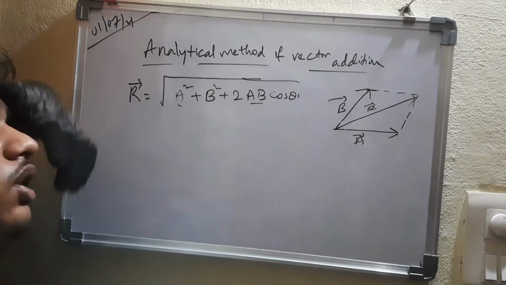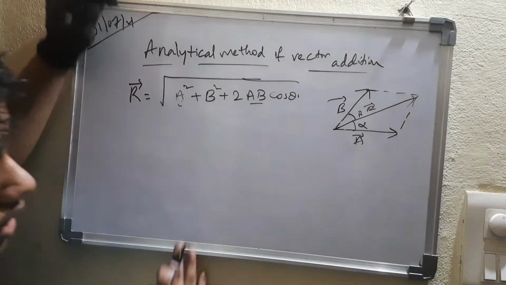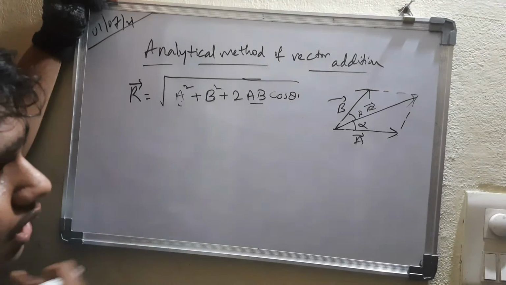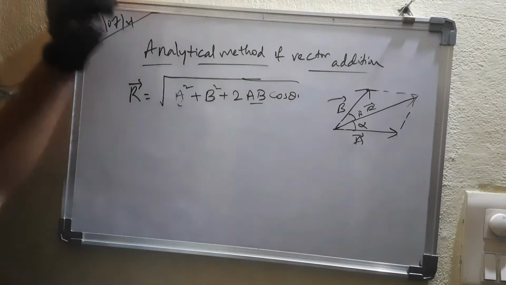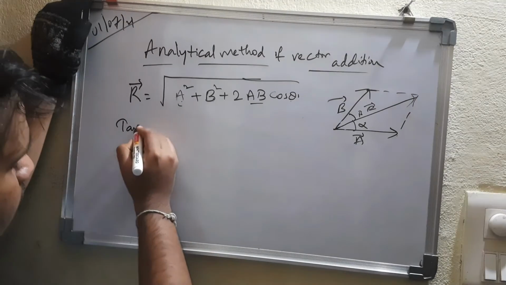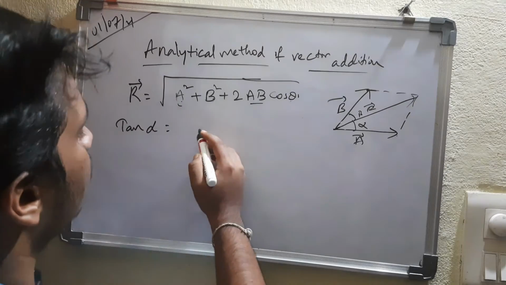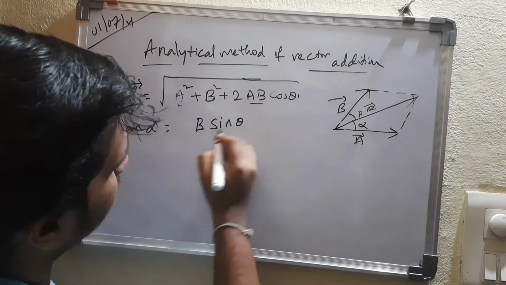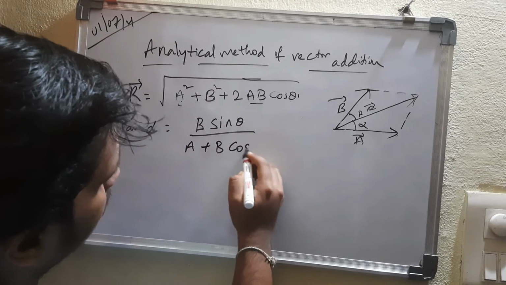Okay, now as I said, the angle between two vectors is alpha and beta. The formula for finding alpha is tan alpha equals B sin theta by A plus B cos theta.